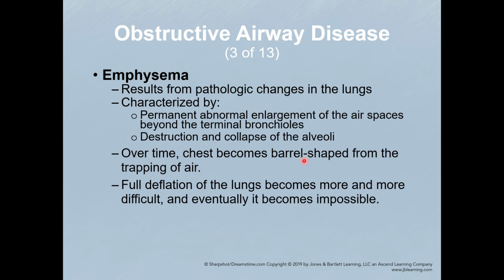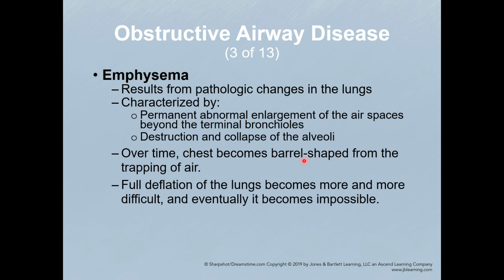Emphysema. Emphysema results from pathological changes in the lungs. It is the end stage of a process that progresses slowly for many, many years. The disease is characterized by permanent, abnormal enlargement of the air spaces beyond the terminal bronchioles. It does lead to destruction and collapse of the alveoli. The disease reduces the number of alveoli present and available for gas exchange.